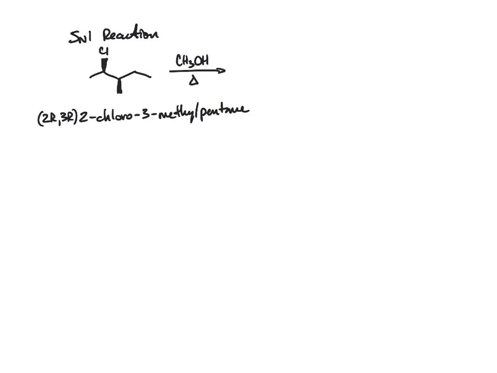So we said that's secondary. So we have to draw what it is and evaluate, can it rearrange? So this is the slow step, the ionization event. So notice what happens. I'm going to draw that hydrogen in.